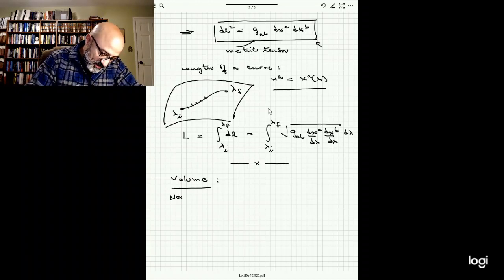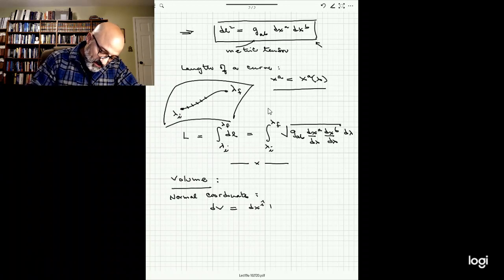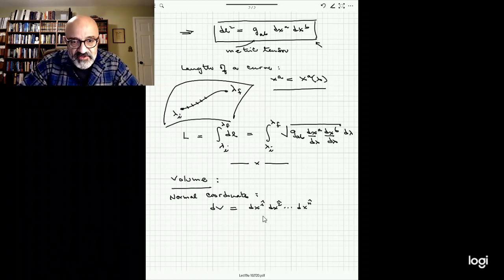In normal coordinates, we know exactly what the volume is going to be. It's just the product of the size of a tiny cube. So this is for an n-dimensional volume. We know how this works.